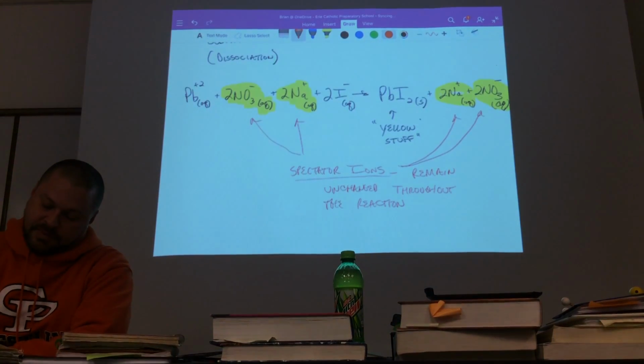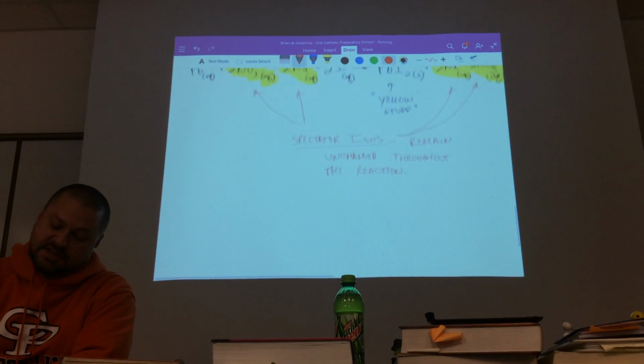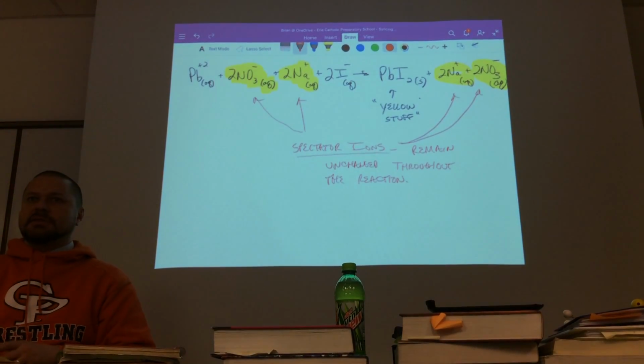Okay. So this was called the complete or total ionic equation because I'm showing you all of the ions.